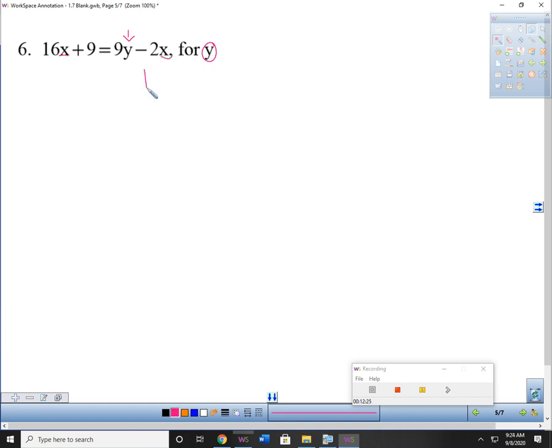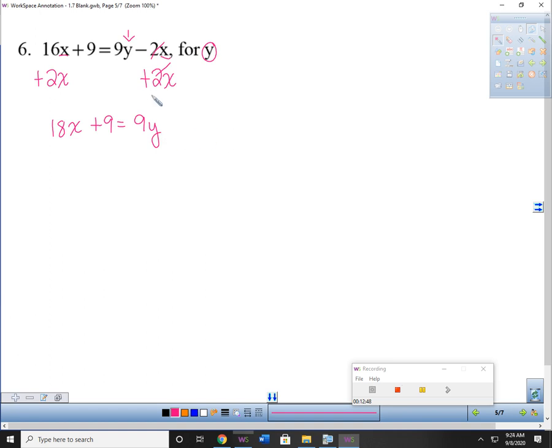So let's get those together. So I'm going to add the 2x. So I have 16x plus 2x gives me 18x. Then you still have your plus 9 equals, and then over here you have your 9y.